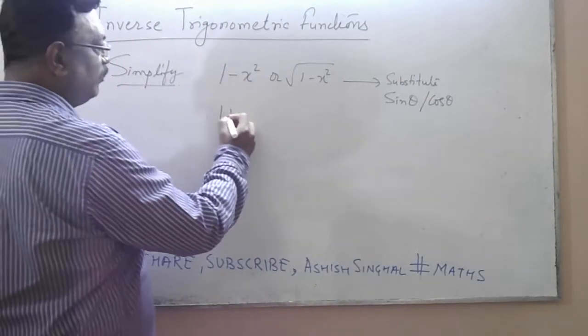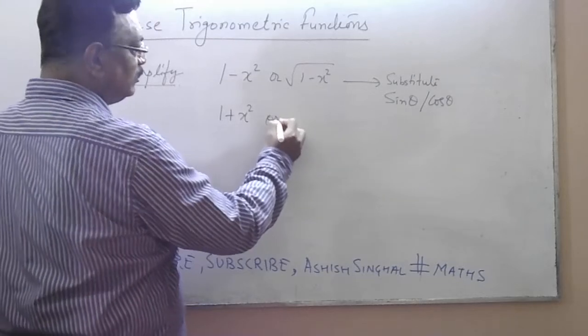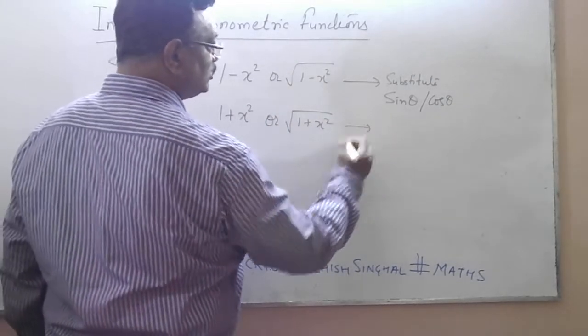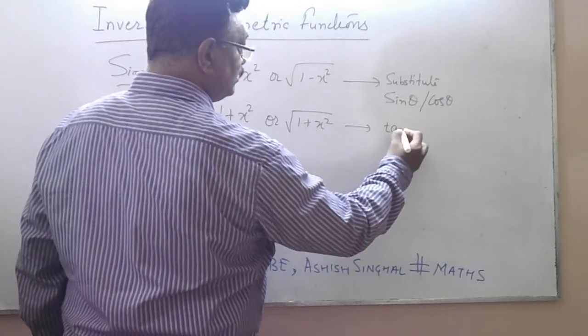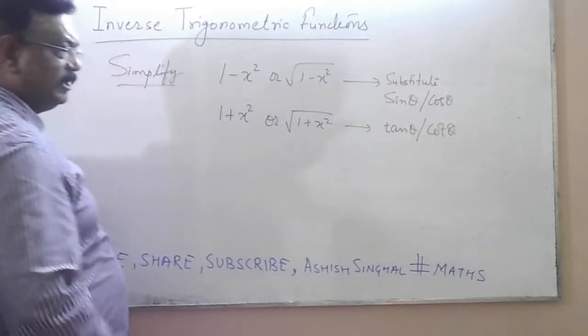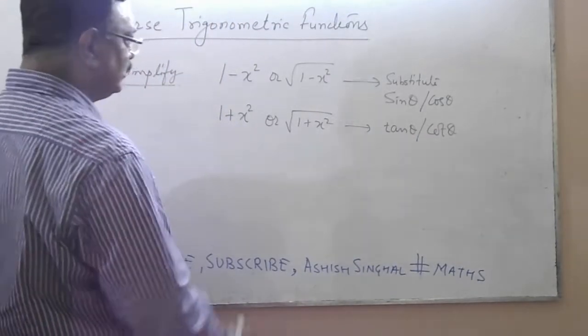If it is 1 plus x square or root of 1 plus x square, substitute tan theta or cot theta. It will automatically simplify the function.